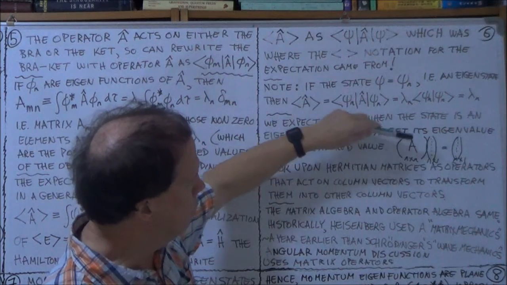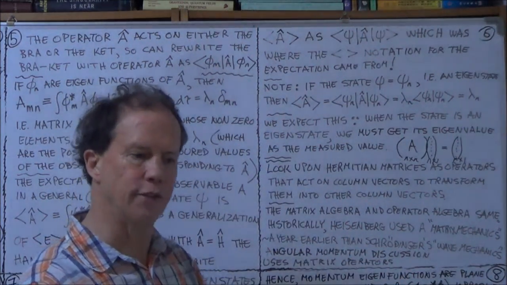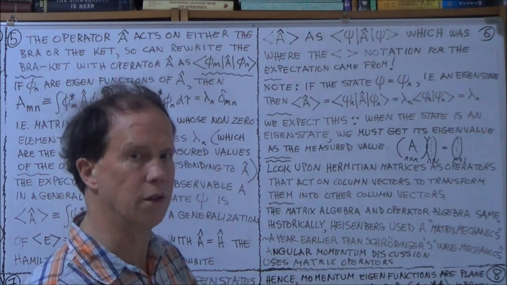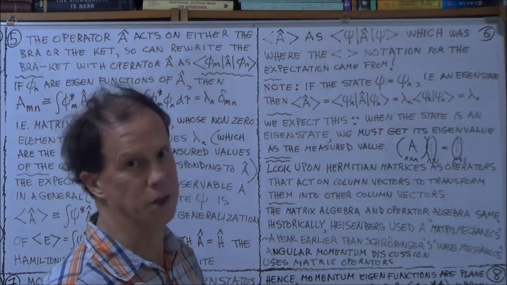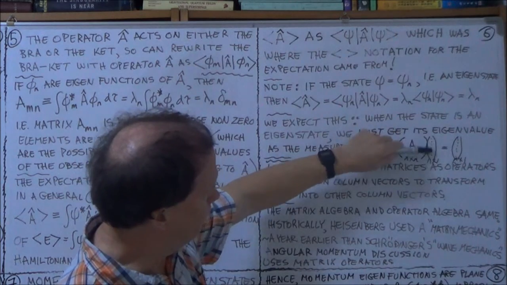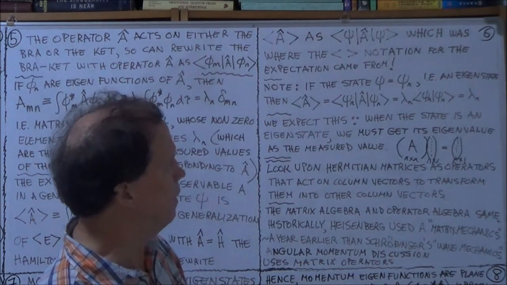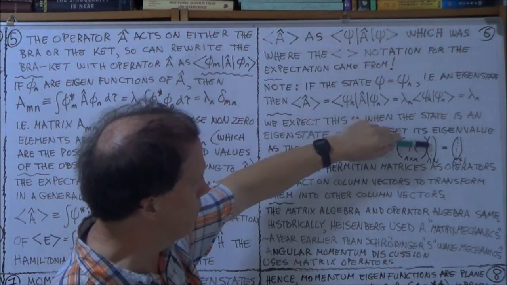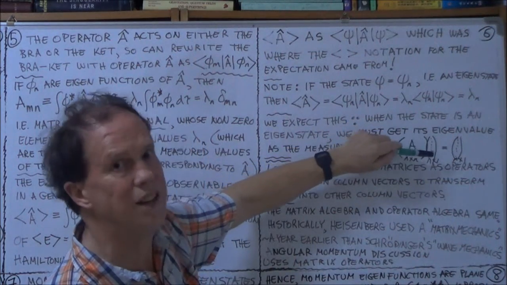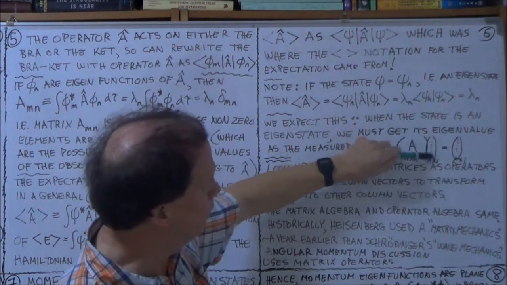So you can think of an operator as changing a function into another function in general. That's the way you look at what an operator is in the context of quantum mechanics. So look upon a quantum state as a vector now, a column vector with n rows, one column, n by 1.